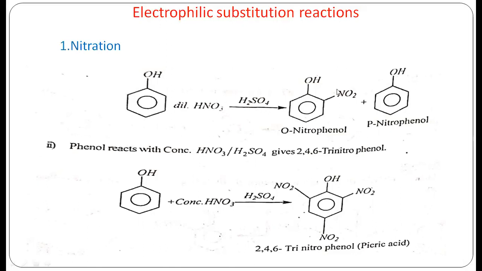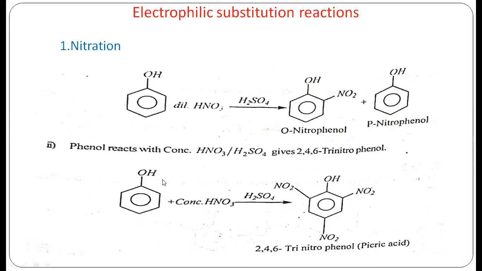So here is ortho nitrophenol, and the other compound is para nitrophenol. Similarly, phenol, when it reacts with concentrated nitric acid, whereas before we took dilute nitric acid, in the presence of sulfuric acid, gives 2,4,6 trinitrophenol.